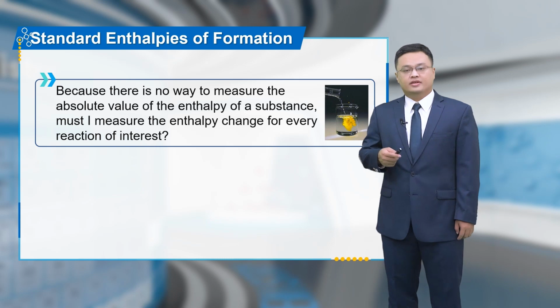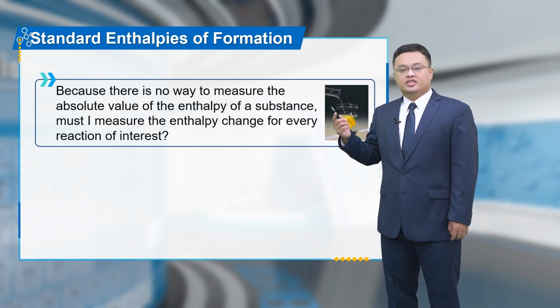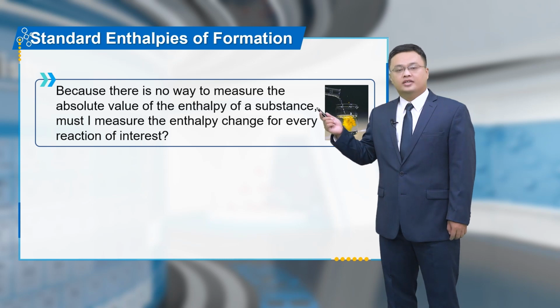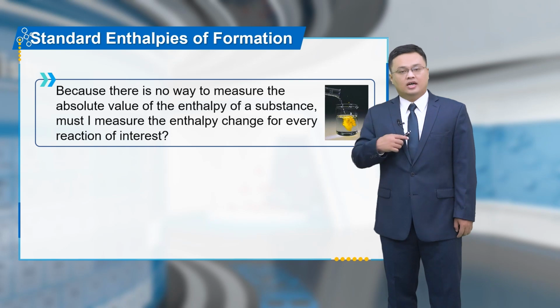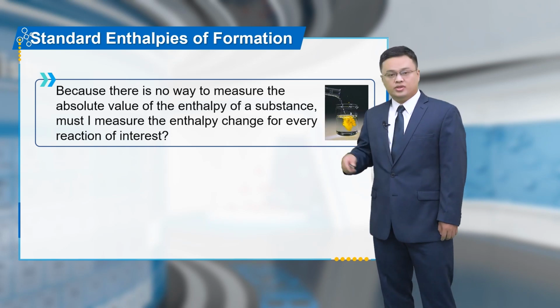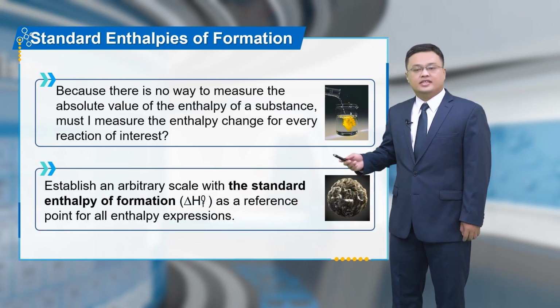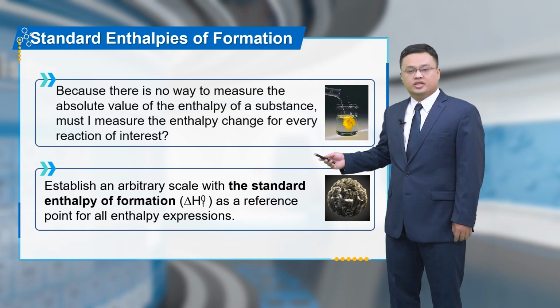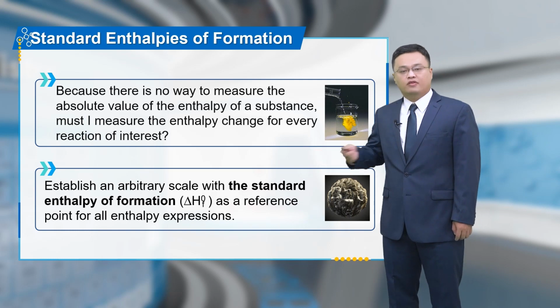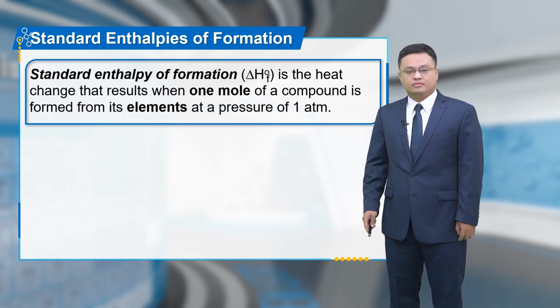To be specific, the question we encounter in chemistry study is that since there's no way to measure the absolute value of enthalpy of a substance, must I measure the enthalpy change for every reaction of interest? Of course not. Chemists have established an arbitrary scale with a standard enthalpy of formation as a reference point for all the enthalpy expressions.